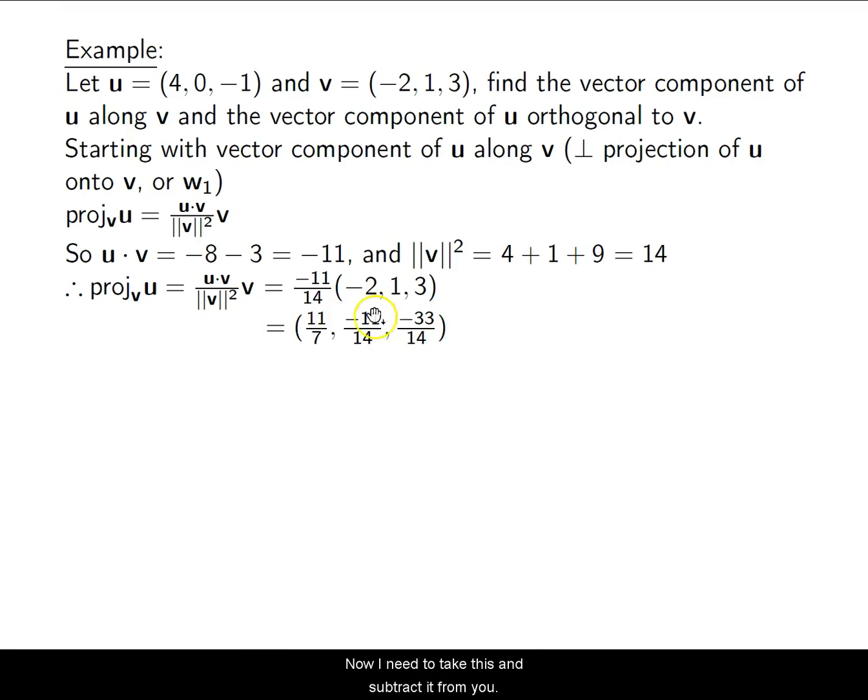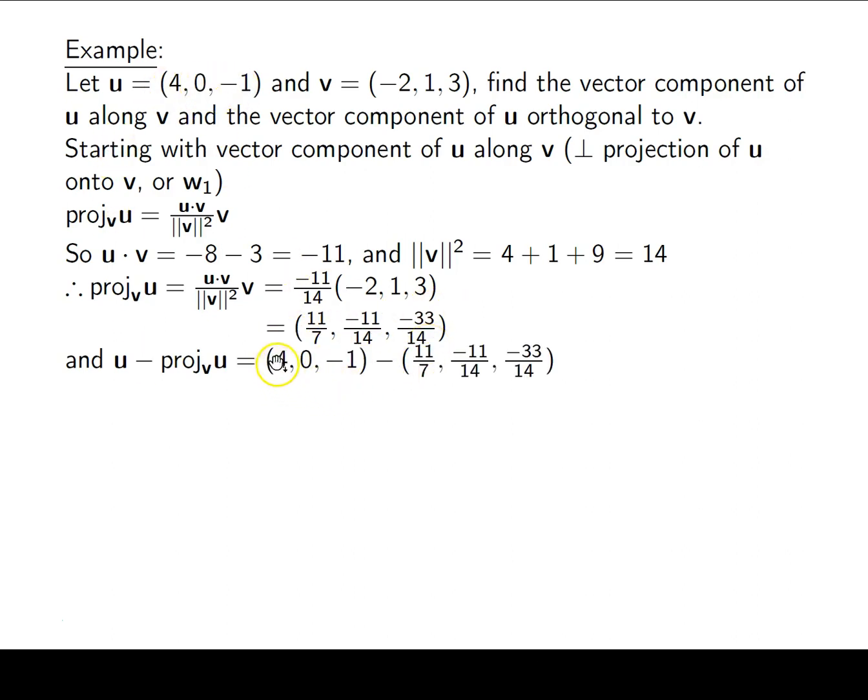Now I need to take this and subtract it from u, and that will give me the orthogonal component of u onto V, I should say. The component of U orthogonal to V. So U minus projection of U onto V is just this minus this new vector I have.